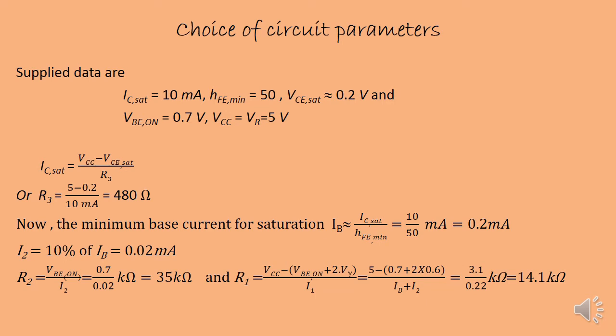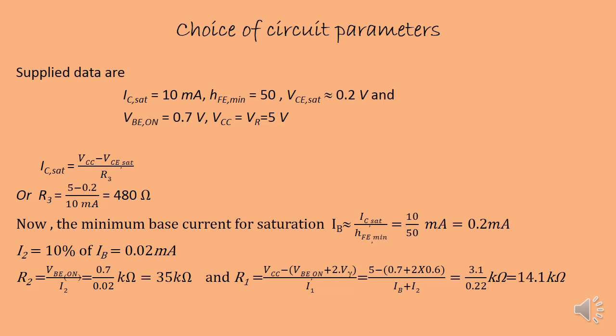I1 current is equal to base current plus I2. IB is 0.2 plus I2 is 0.02, so we get 0.22. So 3.1 divided by 0.22 kilo ohm, we get 14.1 kilo ohm. So this is the calculation of R3, R2 and R1.